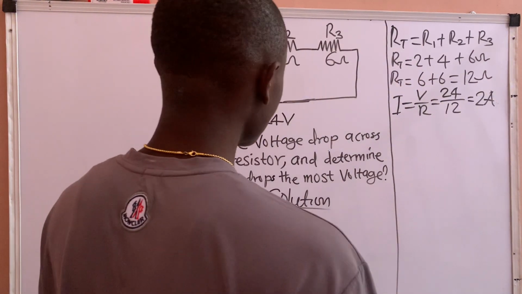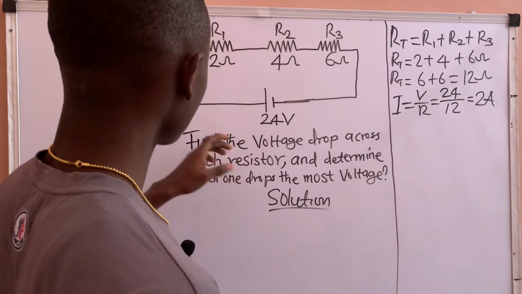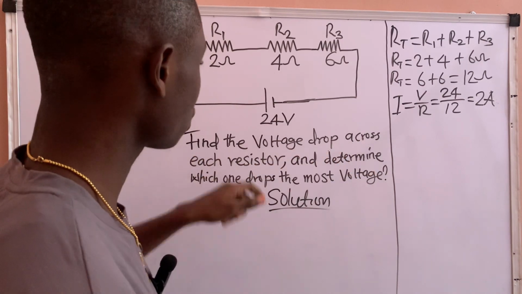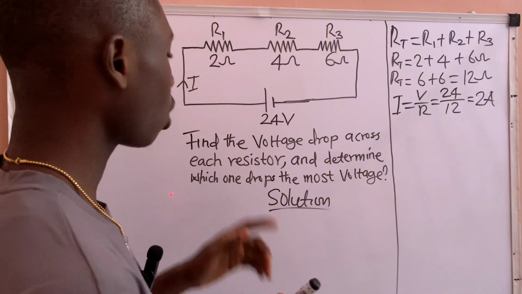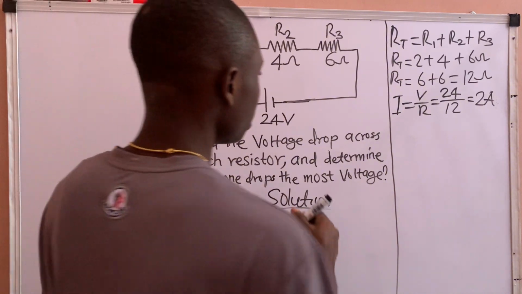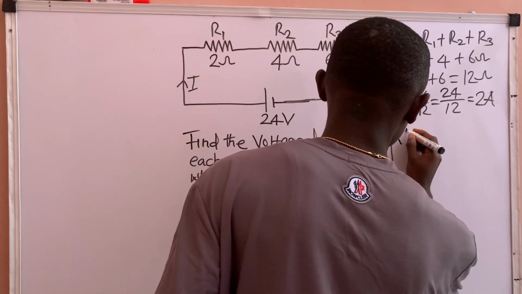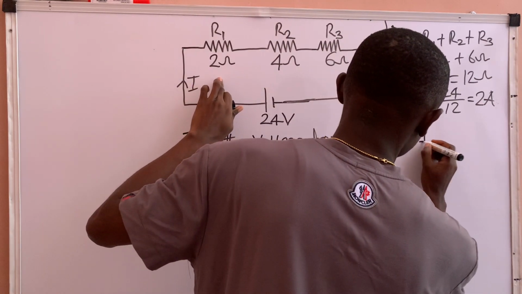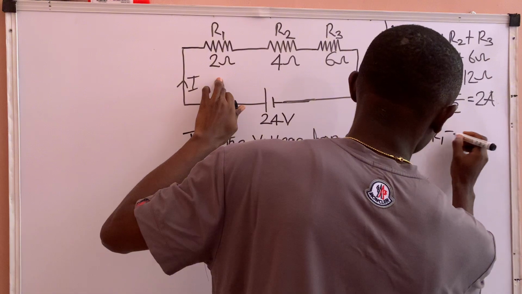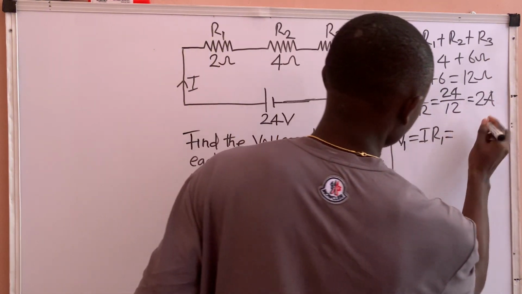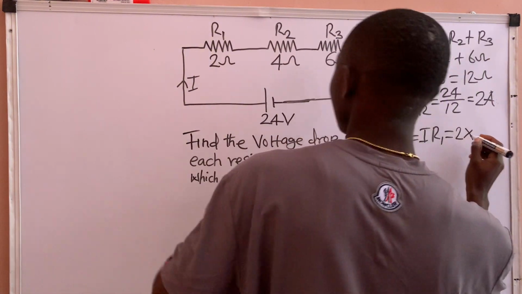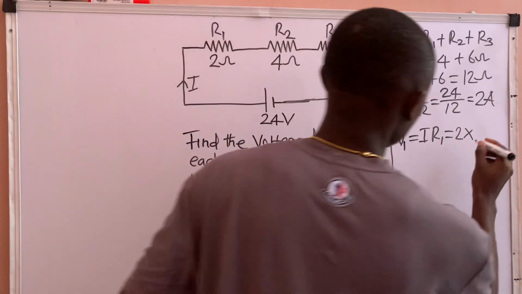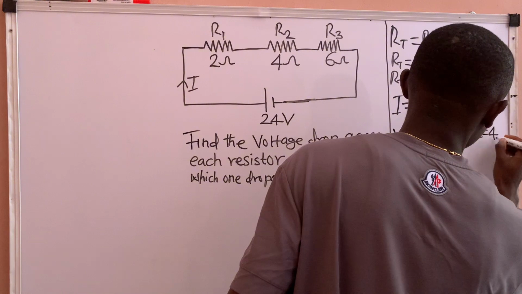So therefore, we are asked to find the voltage drop across each resistor. The voltage that will drop across the resistor R1 will be V1 equals I1, which is the current I, 2 amps, multiplied by the resistance of R1, which is 2 ohms, which will be 4 volts.